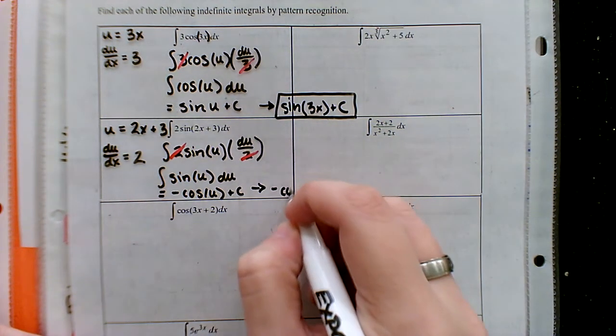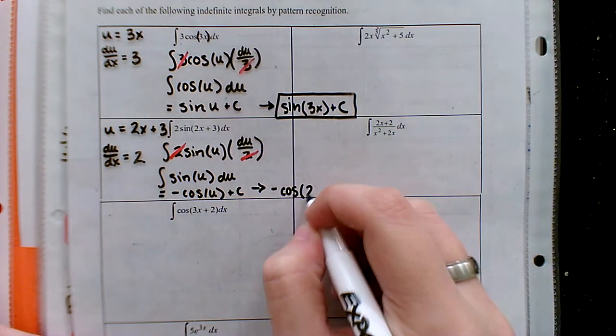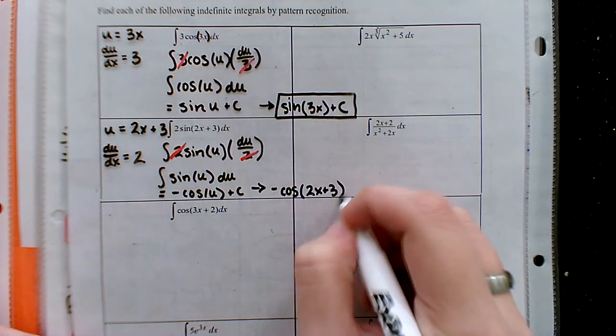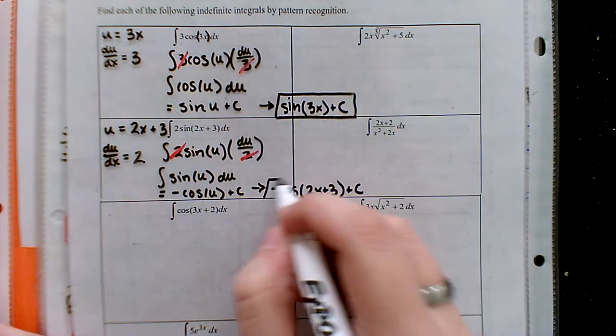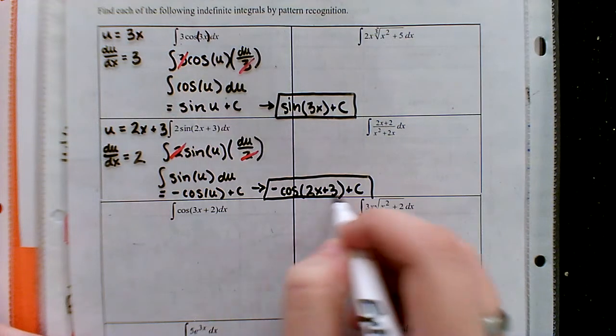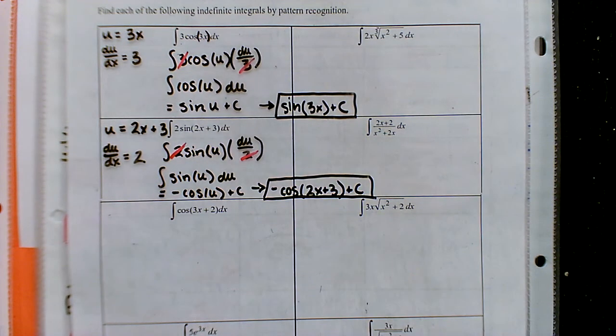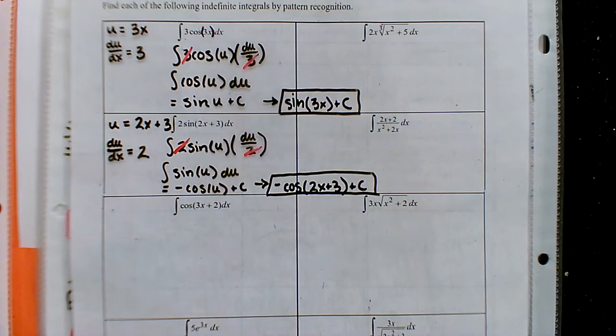And if we go ahead and replace the u again, we said that was 2x plus 3. We doing okay? Maybe we're on a roll, maybe we're not just yet. We'll see.